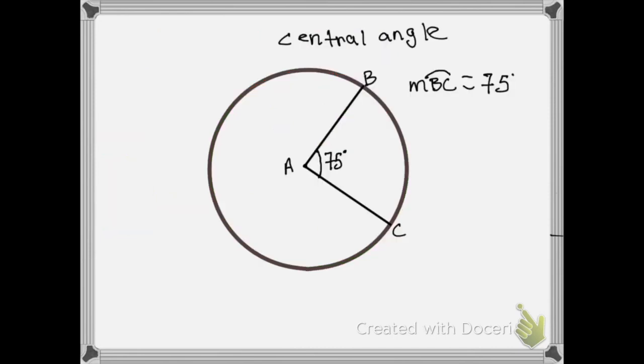And lastly, we have our big idea for today, which is central angle, okay? All that a central angle is, is an angle inside of a circle whose vertex is at the center. Okay, so the vertex of this angle is at A, and A is the center of the circle.